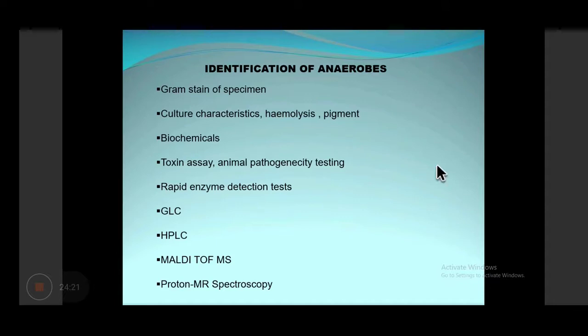So what will you see in gram stain? Same as gram negative bacteria, but we will not characterize on this gram stain.